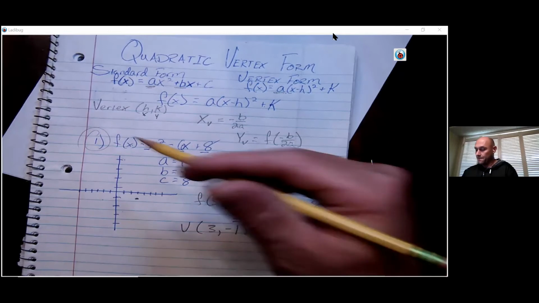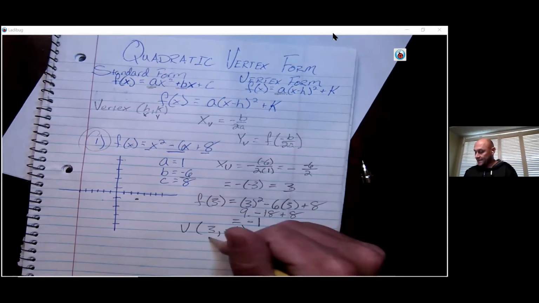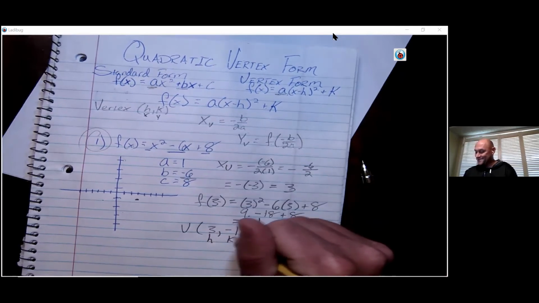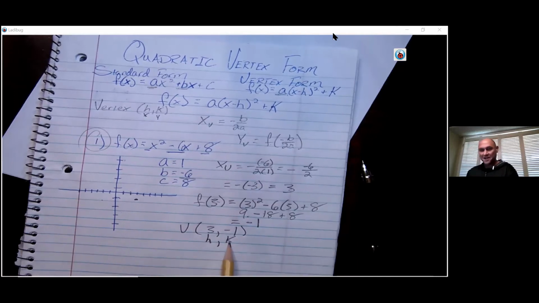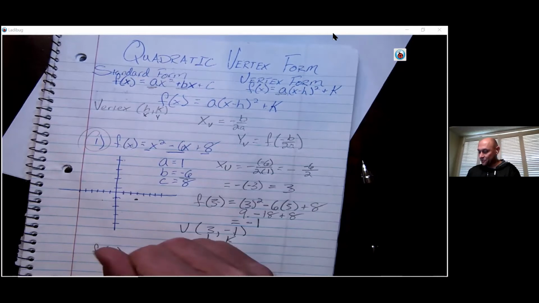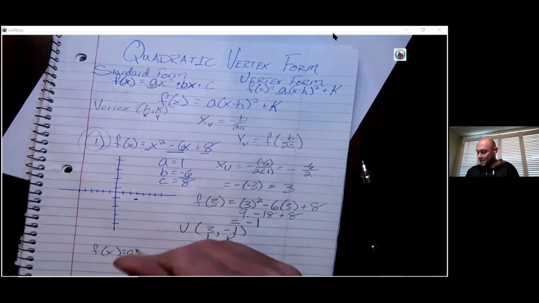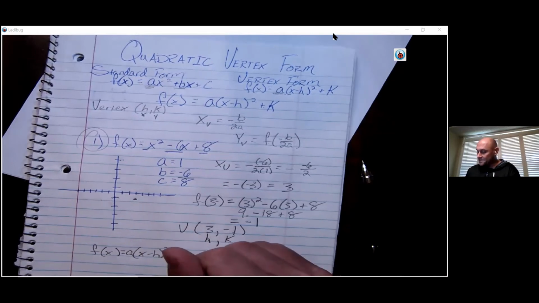But first let's put this equation into vertex form. So this is h and this is k: the x value of the vertex, the y value of the vertex. Now I'm going back to my vertex form, which is f of x equals a times x minus h squared plus k.